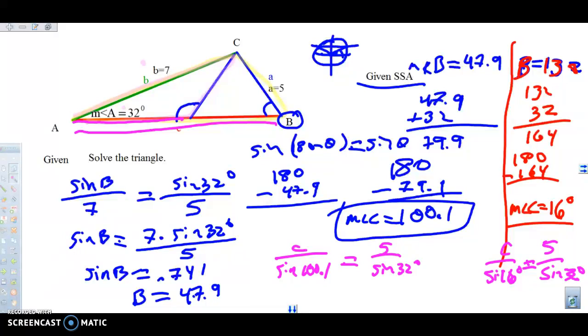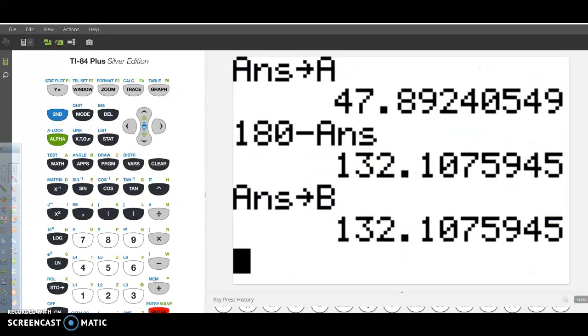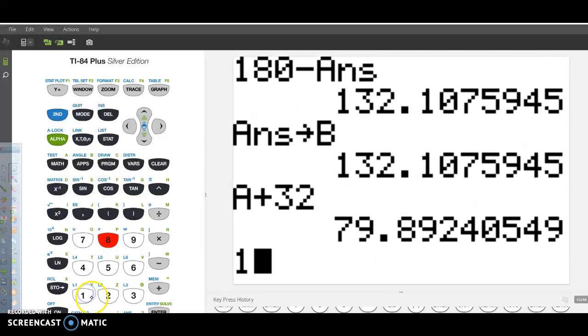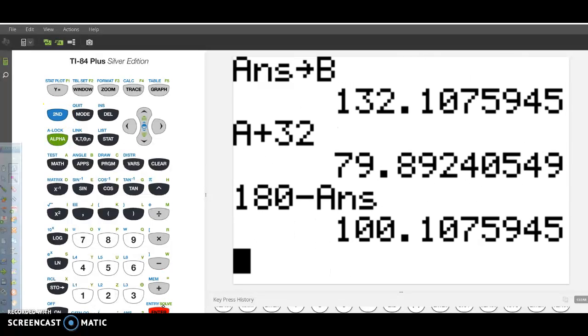Next, give me a second. If we take a look here, 5 times the sine of 100 divided by the sine of 32. So how did we get that 100? We went alpha A plus 32, and then 180 minus the answer, and that gives us the 100.